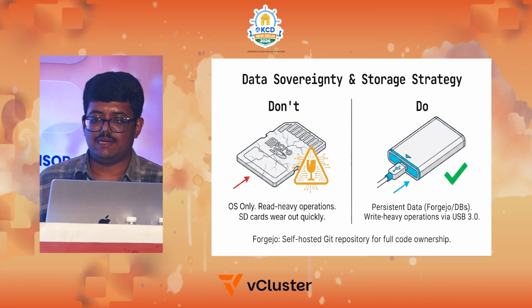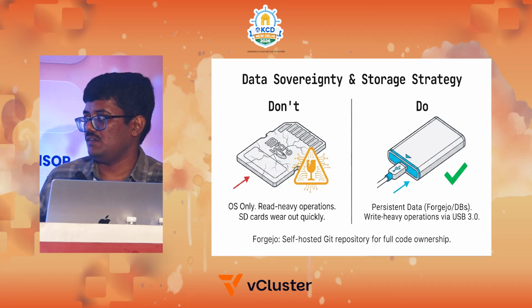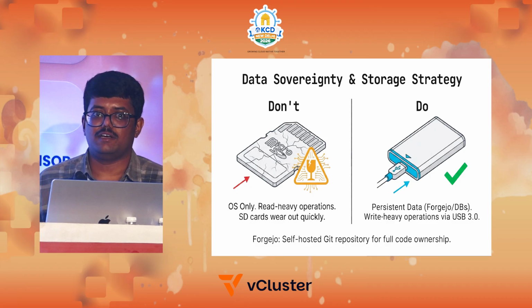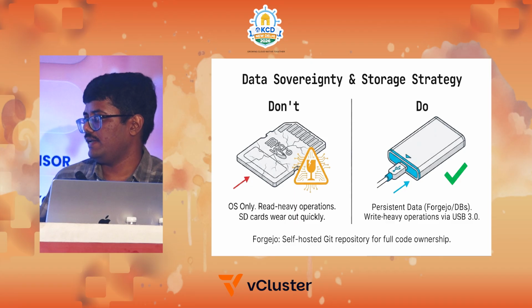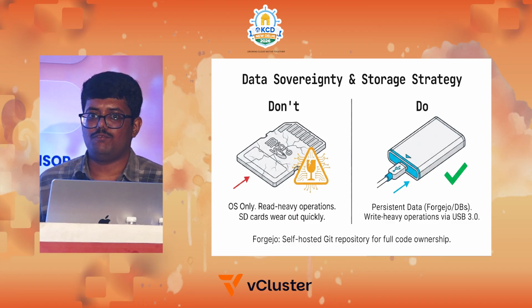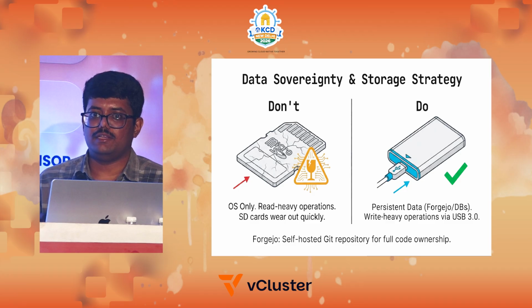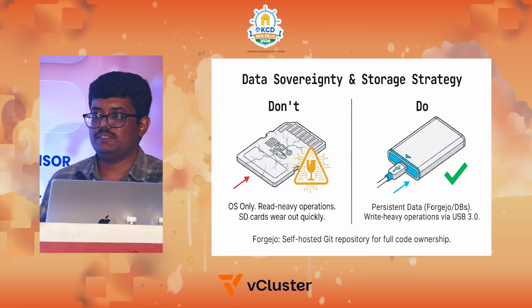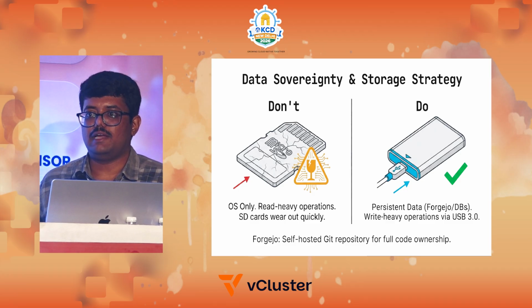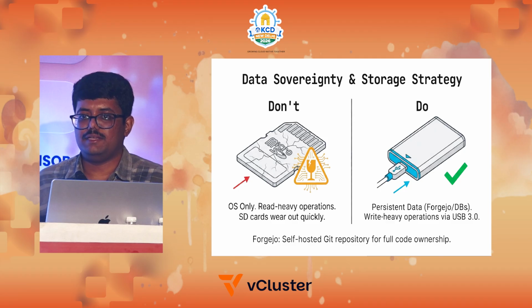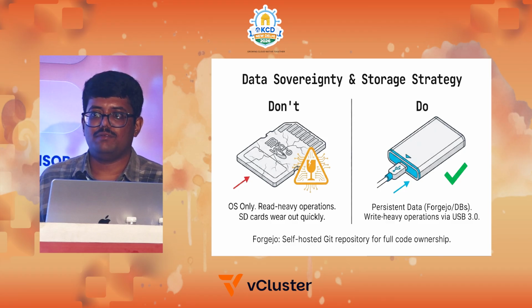For example, in this case, I'm taking Forgejo, which is essentially a self-hosted GitHub. All of its data, as well as any of the databases that I want to try out, lives on the SSD and not on the SD card. Now, obviously, I have all of these components, all of these applications configured, all of the storage.